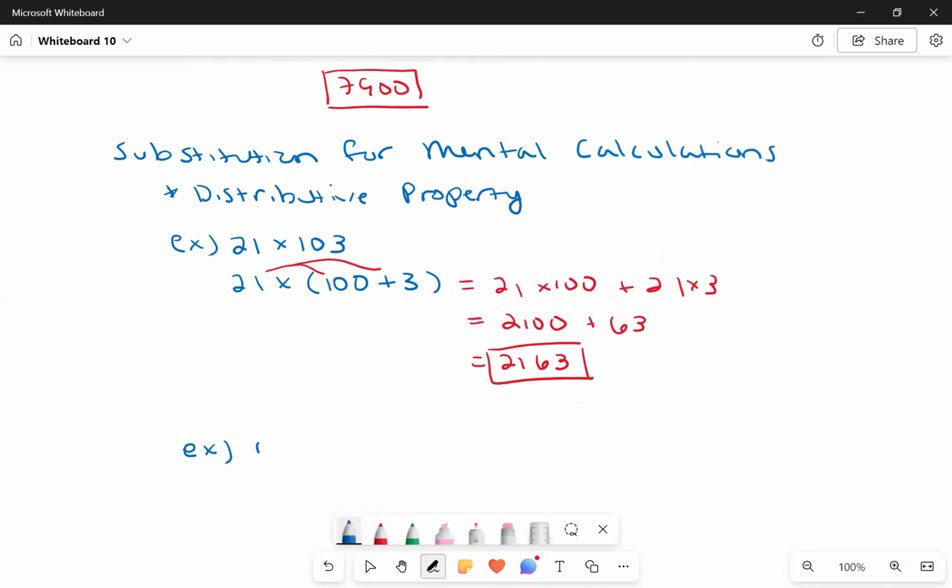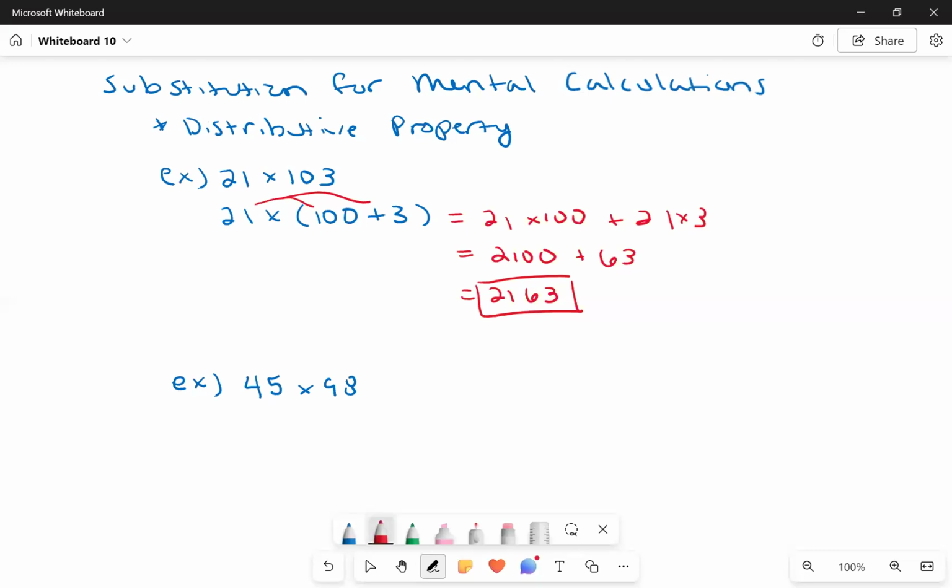All right. 45 times 98. That's a kind of sad looking 4. If I'm going to try to use the distributive property, technically you could pick either number to do it, but I am trying to set it up to look at it through the traditional distributive way, going from left to right. 98 can be rewritten as a subtraction, 100 minus 2, because I'm motivated to use 100. 100 is so easy to work with.